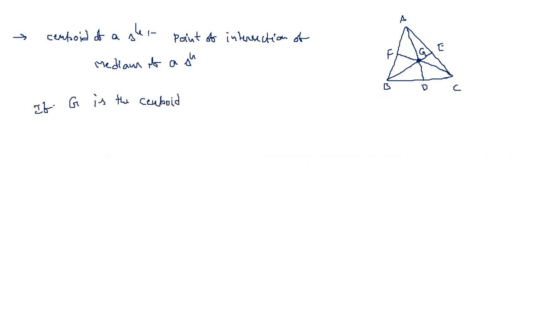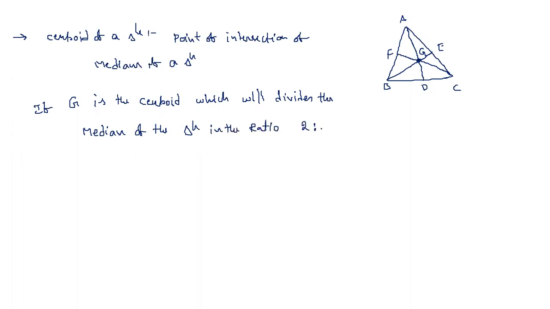If G is the centroid, which divides the median of the triangle in the ratio 2:1, that means AG to GD is 2:1 ratio.